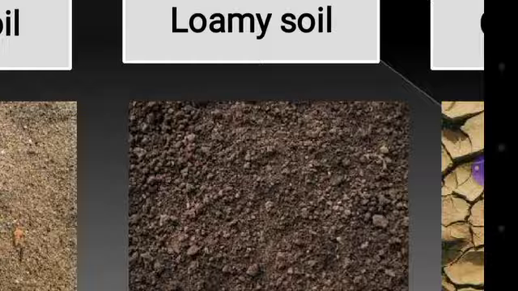It is found in valleys and flat areas. It is a mixture of sand and clay. It is rich in air and water. Loamy soil is heavier than the sandy soil because of low organic matter. This soil is best suited for cultivation.